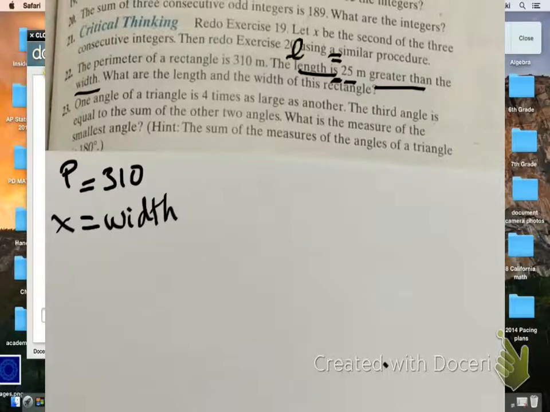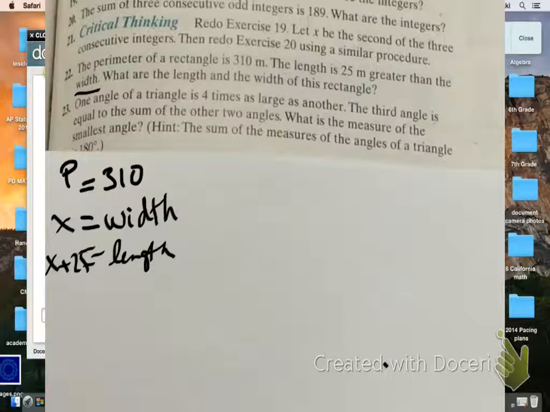Length, the word length, is 25 greater than width, x plus 25. Don't forget than means we cross our terms. Okay, so we're going to say length is x plus 25. I'm writing with my finger. I left my stylus. Sorry about that.